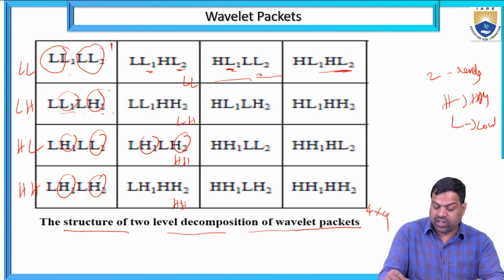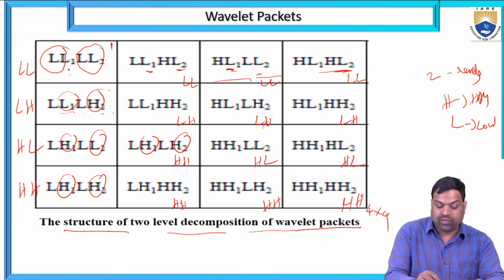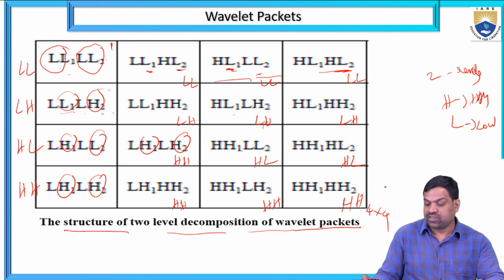Okay, here L1, L2, LL, LH, HL, HH, LL, LH, HL, HH. Okay. So the structure of two-level decomposition of wavelet packets.